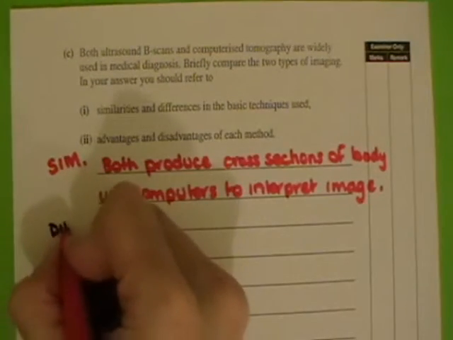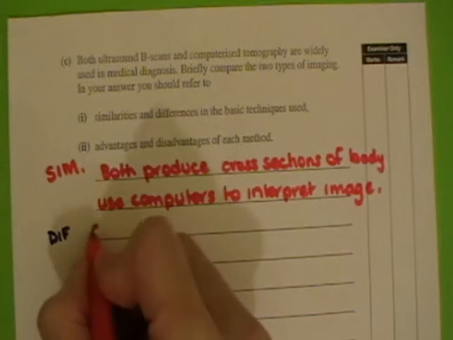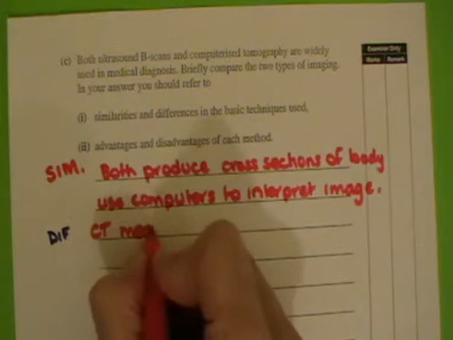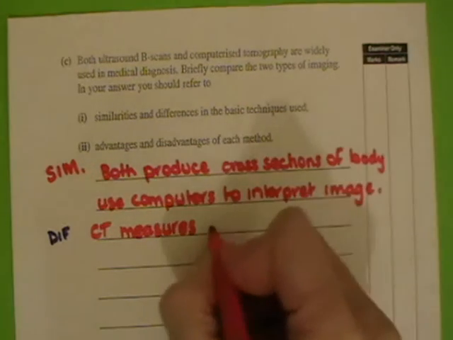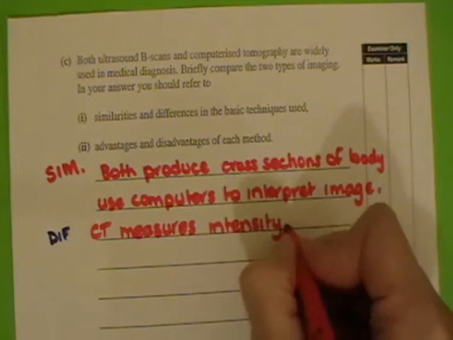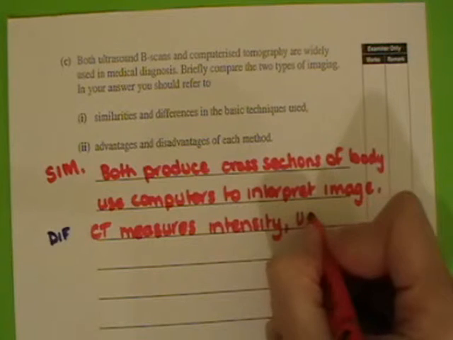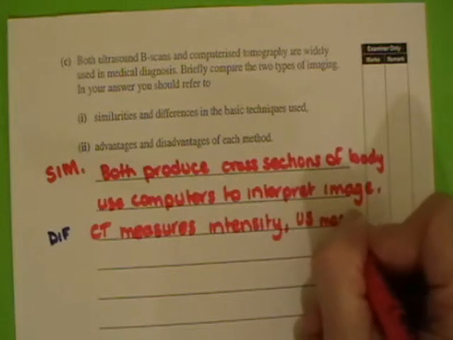A difference. The CT scan measures, now this is coming from the mark scheme, it's not maybe something I would have written myself, but the CT scan measures the intensity. Ultrasound measures reflected intensity.